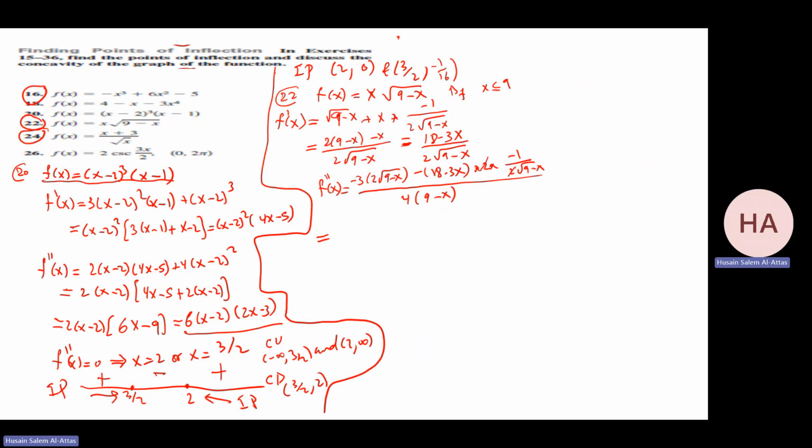And that gives me what? I have minus 6 times (9 minus x) plus 18 minus 3x, over 4 times (9 minus x) square root of 9 minus x. We do the calculations.